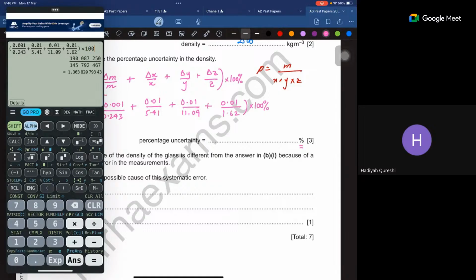So this is going to be about 1.30. So 1.30% should be the answer for this one.